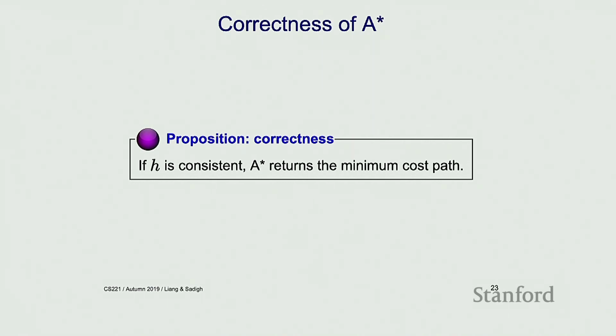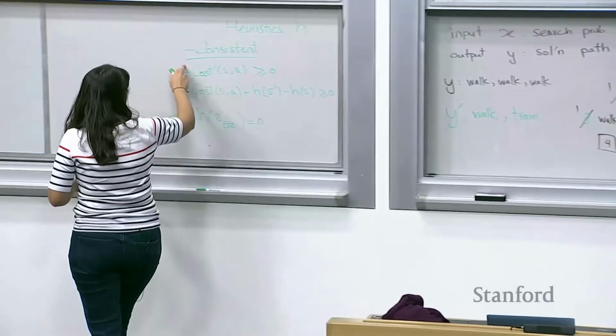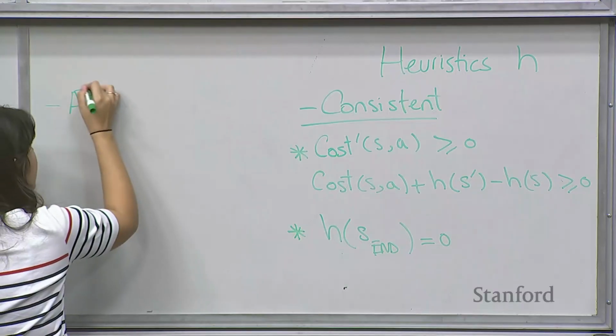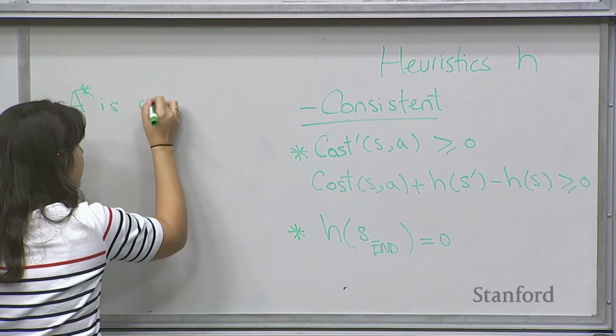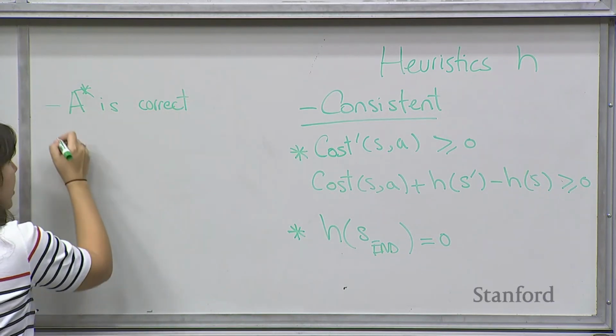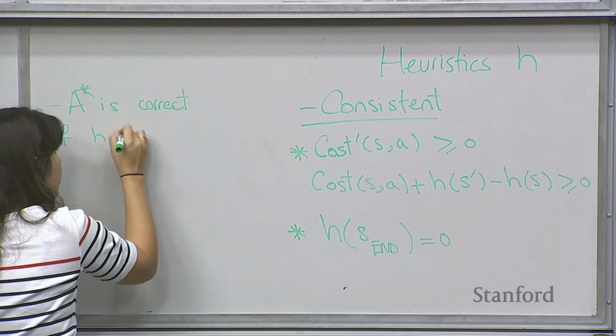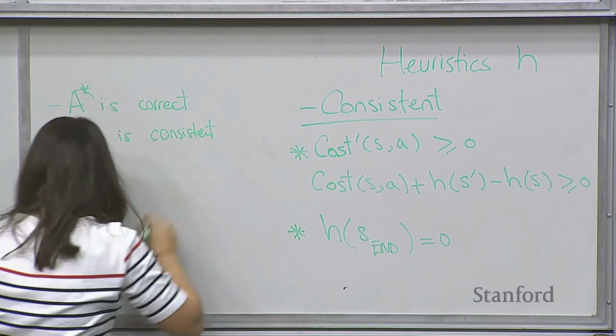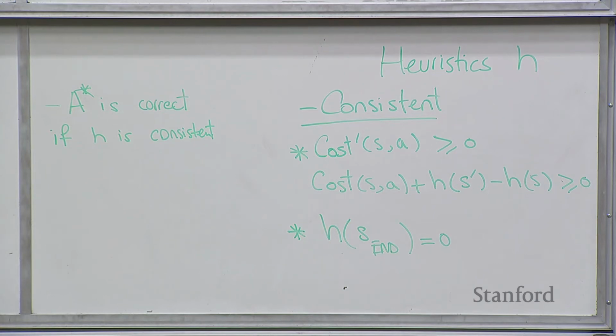One thing that we know is that if H is consistent, so if I have this consistency property, then I know that A star is correct. There's a theorem that says A star is going to be correct if H is consistent. We can look at that through an example.